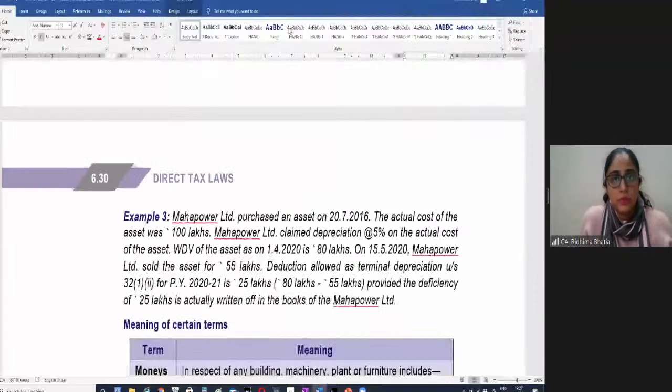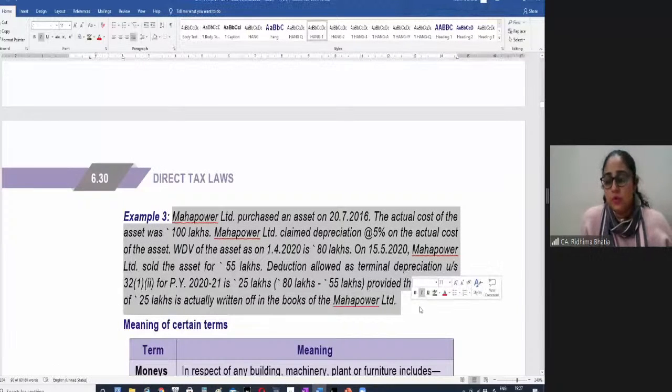So now for the terminal depreciation, see this example. Mahapower Limited purchased an asset on 20th of July 2016, the actual cost of which was 100 lakhs. Mahapower claimed depreciation at 5% on the actual cost. 5% on the actual cost means they are using SLM for the asset.